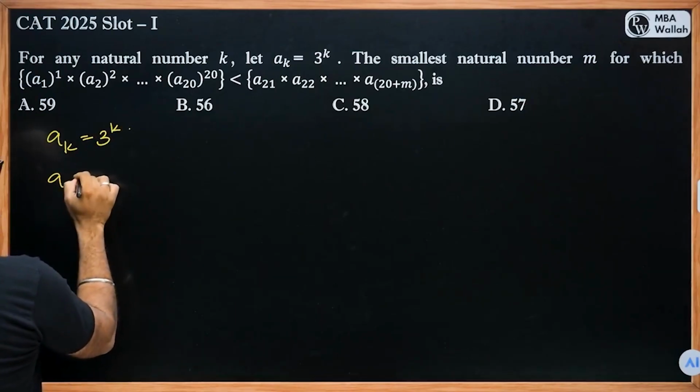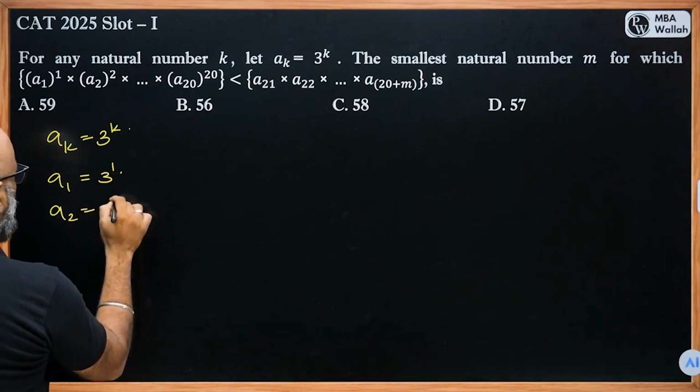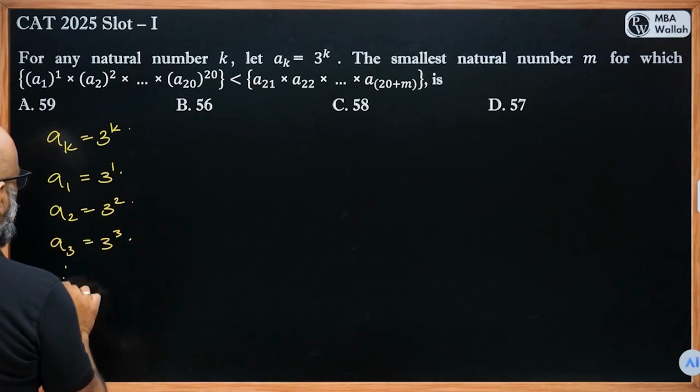So a1 will be 3 power 1, a2 will be 3 power 2, a3 will be 3 power 3.